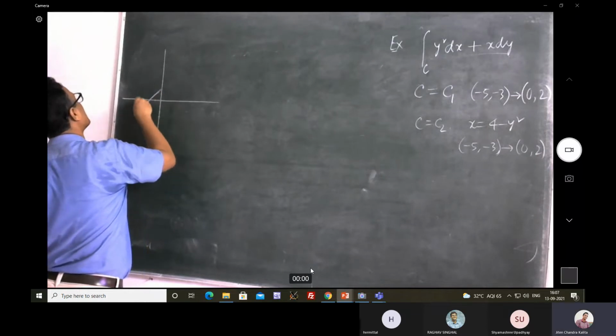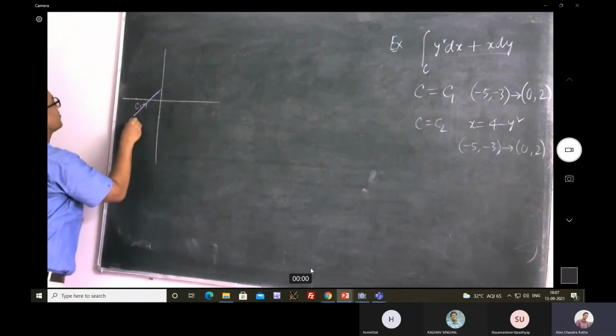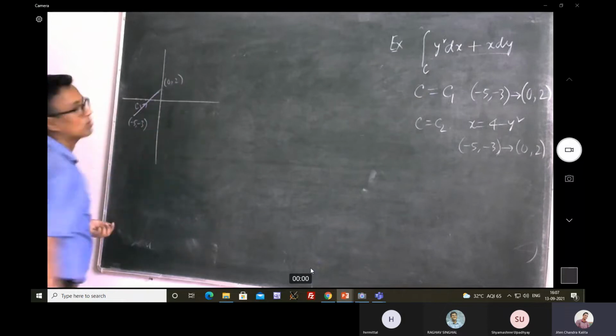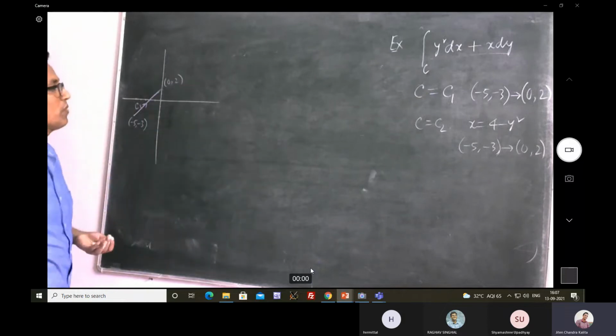This is C1, from (-5, -3) to (0, 2), and this is x equal to 4 minus y squared.